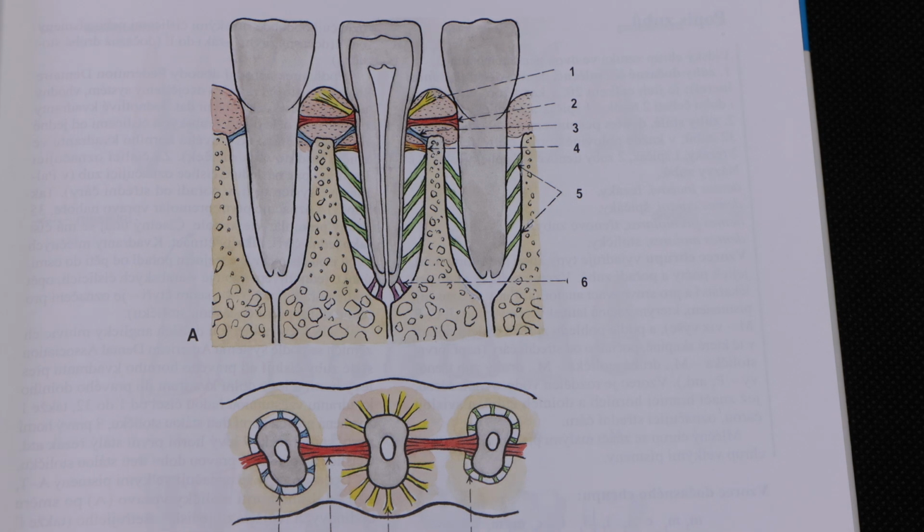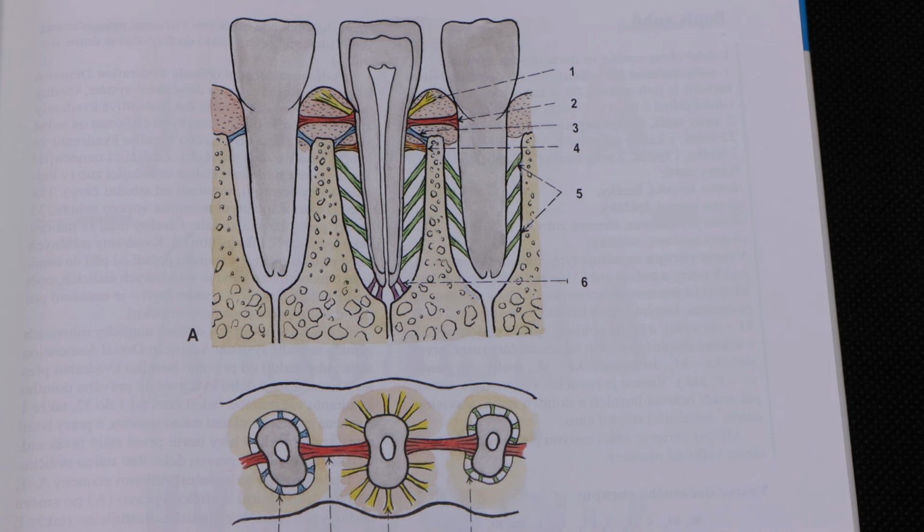Parodontium is the general terminology for the structures that fix the tooth inside the jaw. The correct terminology is parodontium.